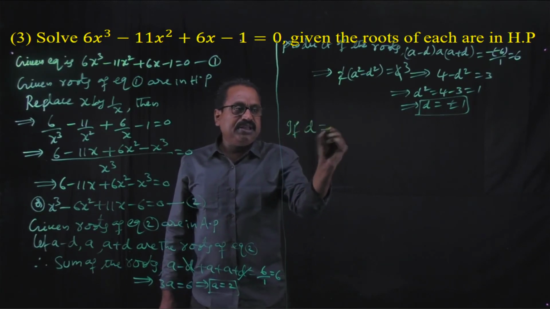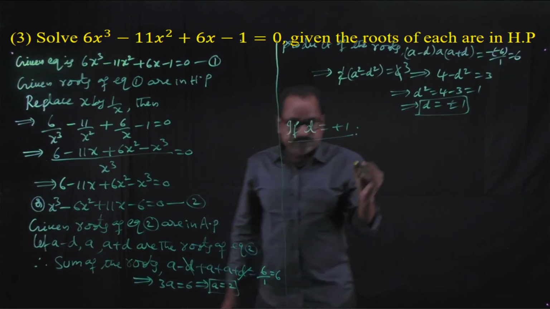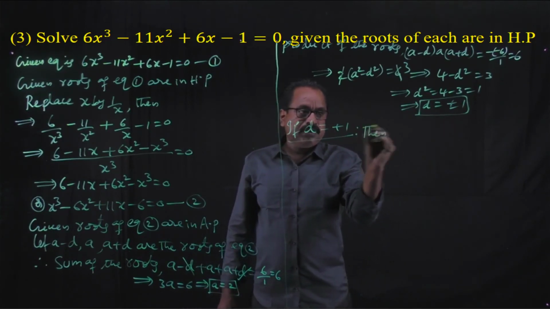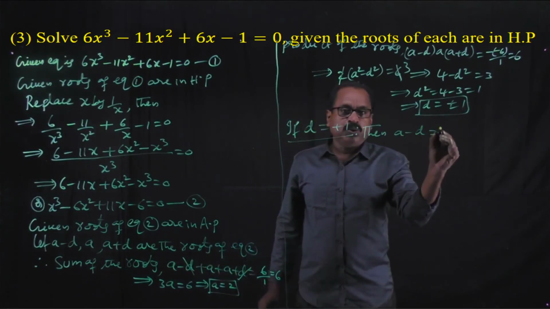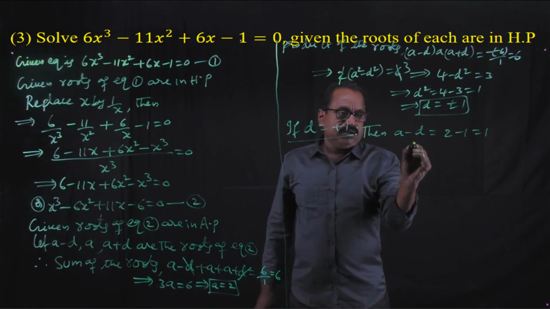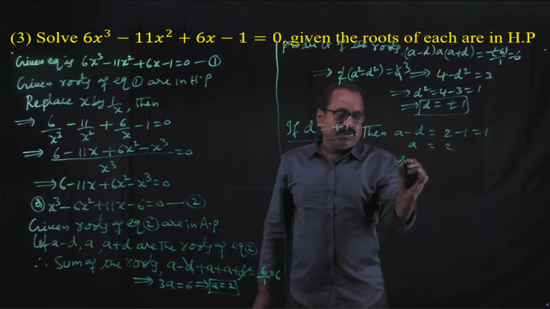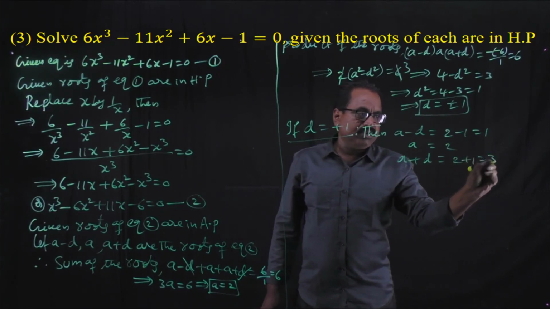If d is equal to plus 1, then a minus d is equal to 2 minus 1, that is equal to 1. A is equal to 2. A plus d is equal to 2 plus 1, that is equal to 3.